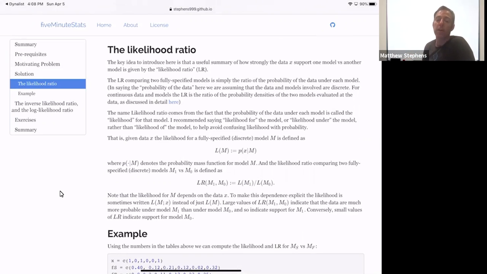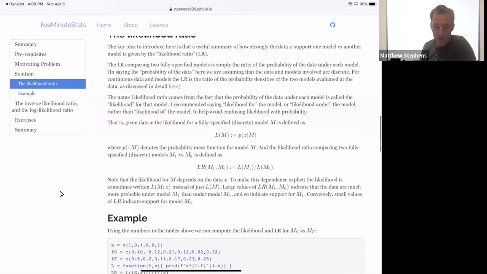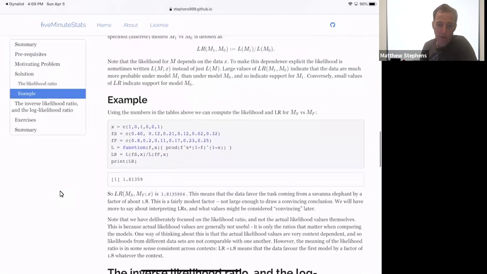So you compute the probability of, well, actually, maybe I should say the likelihood for model M is just the probability of X under that model. And so then the likelihood ratio for 2 models is just the ratio of those 2 likelihoods. Okay, so maybe I can just show an example in code here.